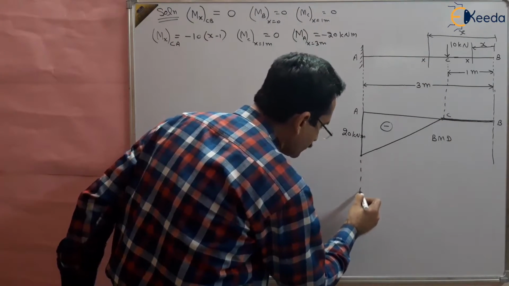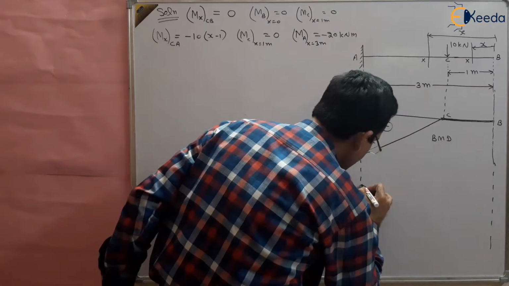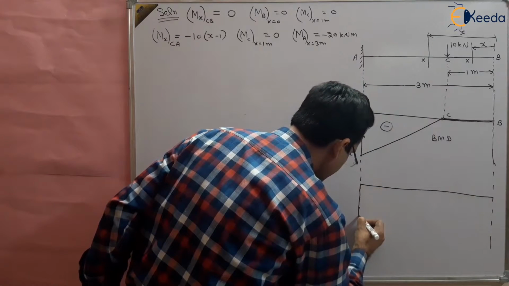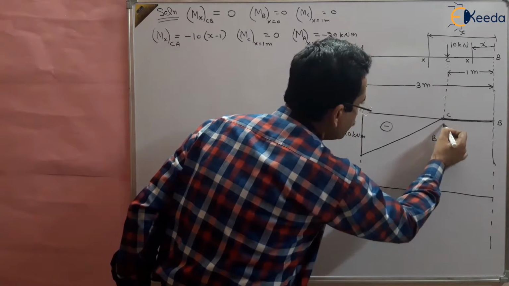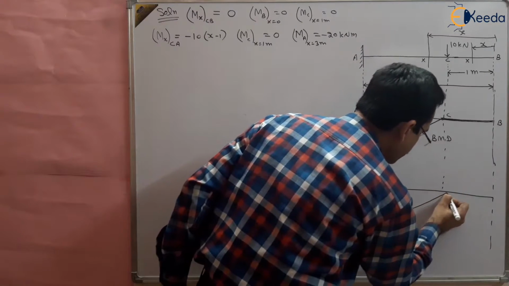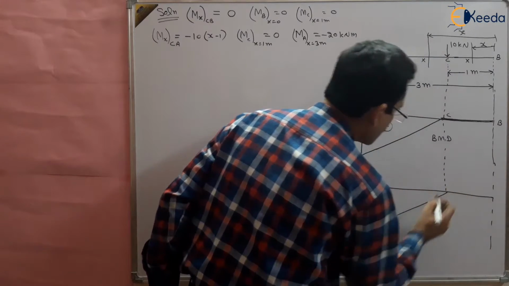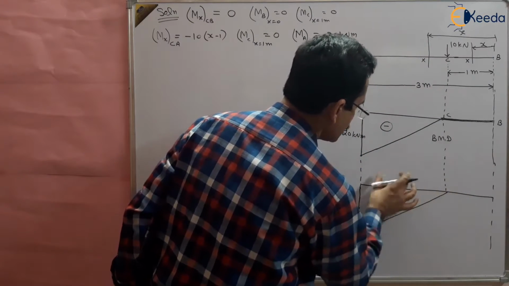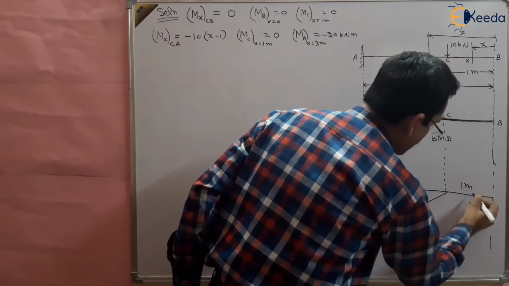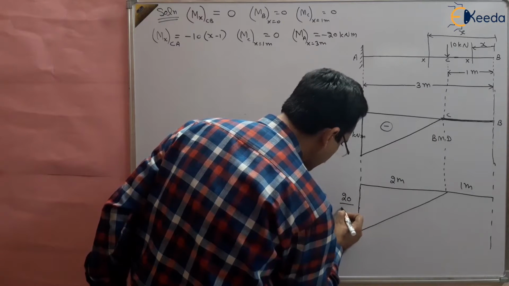So if I draw the conjugate beam of this load only, it looks like this, right? This is 2 meters, this is 1 meter, total is 3 meters, and this is 20 by EI.